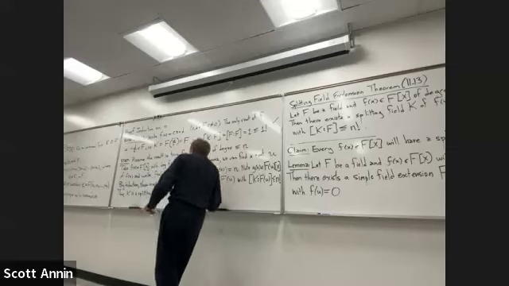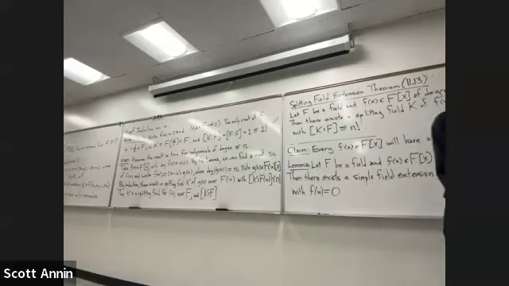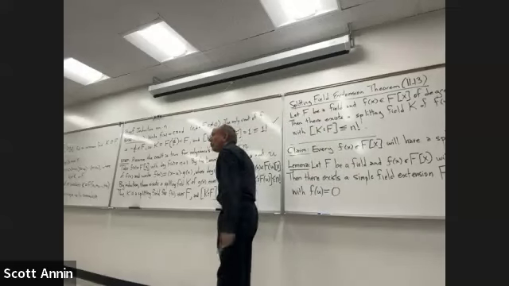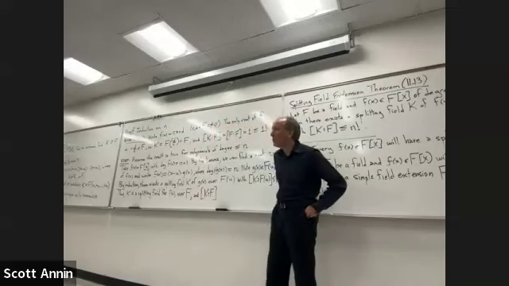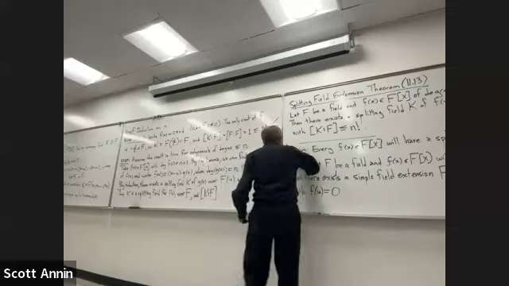And let's just check something here, guys. What can we say about the dimension of K over F here? Do we know any nice theorems that might help us at this particular moment?